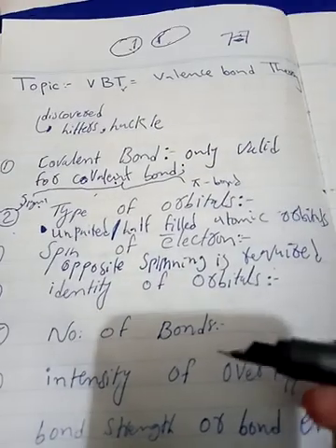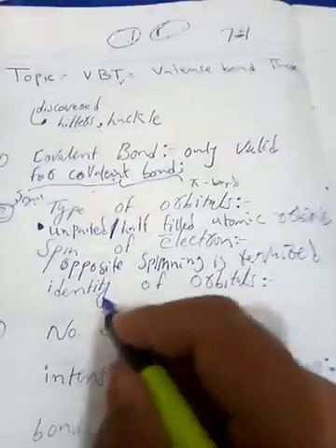After this we have the number of bonds, but before that we have the identity of orbital. First of all, we need to go through the sequence. So, identity of orbital.